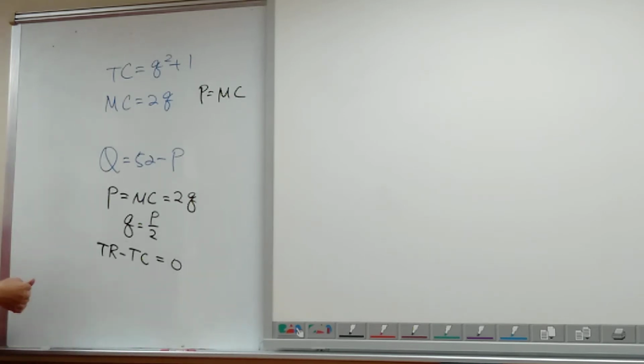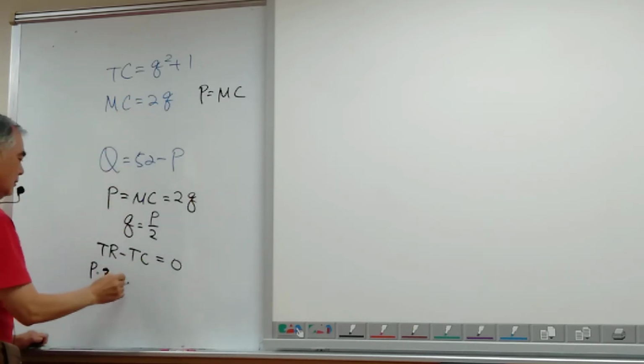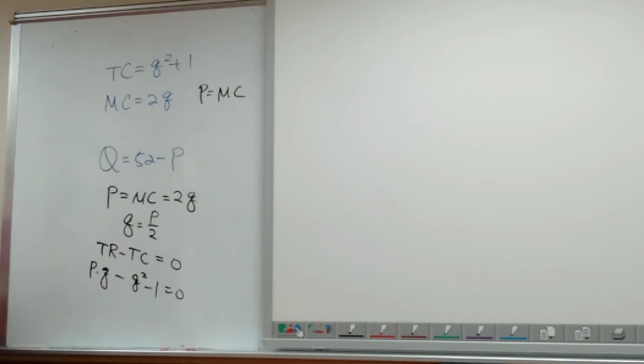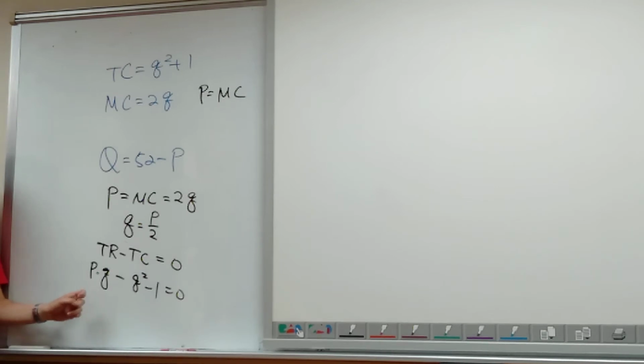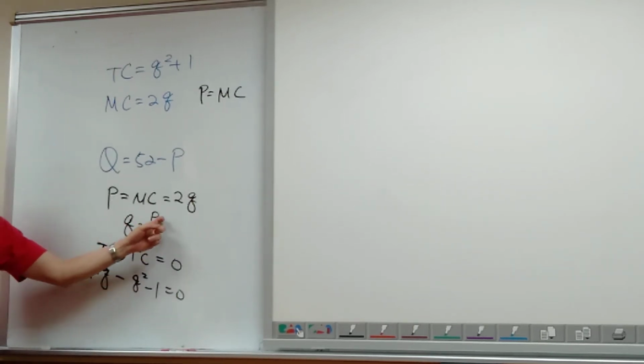So what is total revenue? Total revenue is P times Q minus total cost, which is here, right? Q squared minus 1. So you have to remember, this is for an individual firm, so this is little q here. And what is P? Q is equal to P over 2, right?